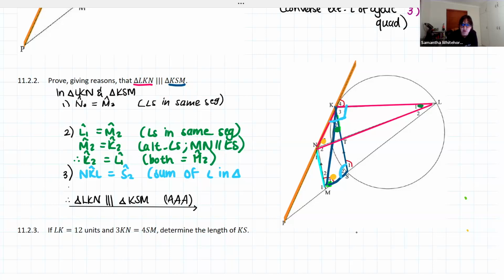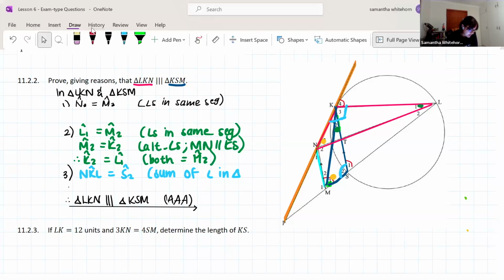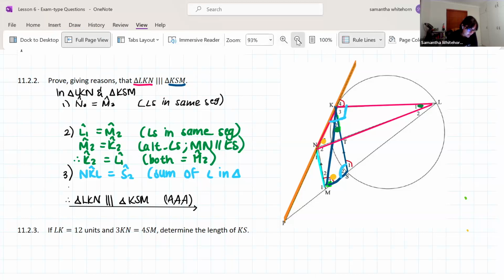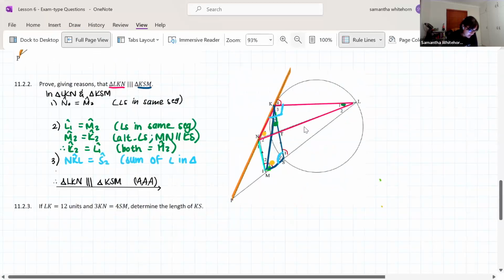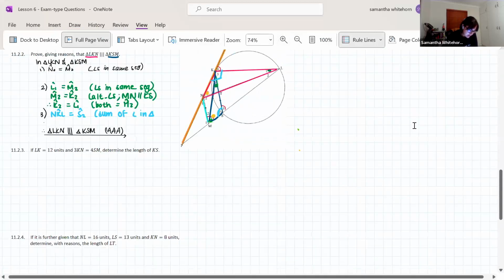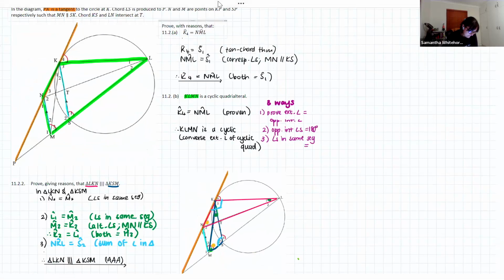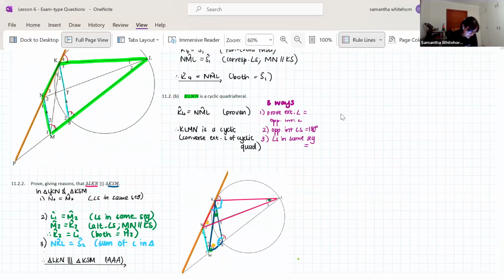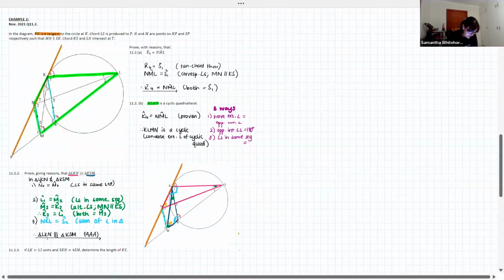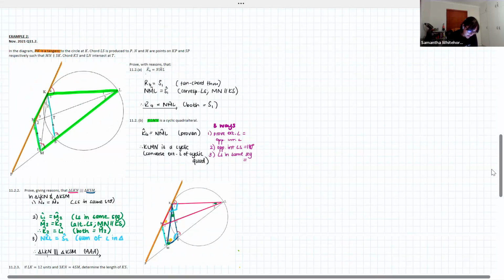All right, so I don't want your screenshots to get too teeny tiny here. So let's just take a screenshot of what we have thus far, and then we'll have a look at this last one here. There we go.